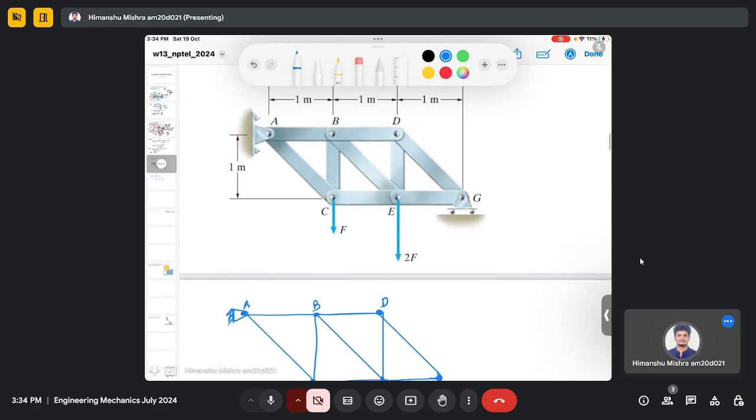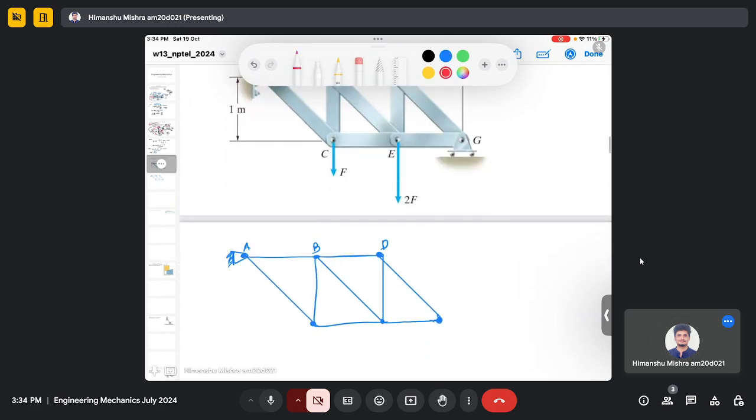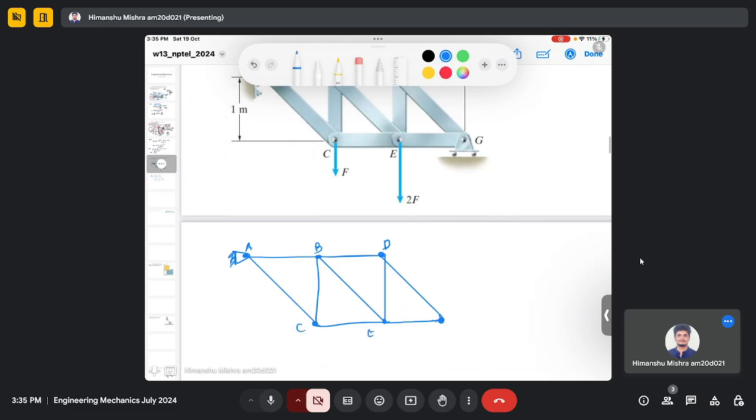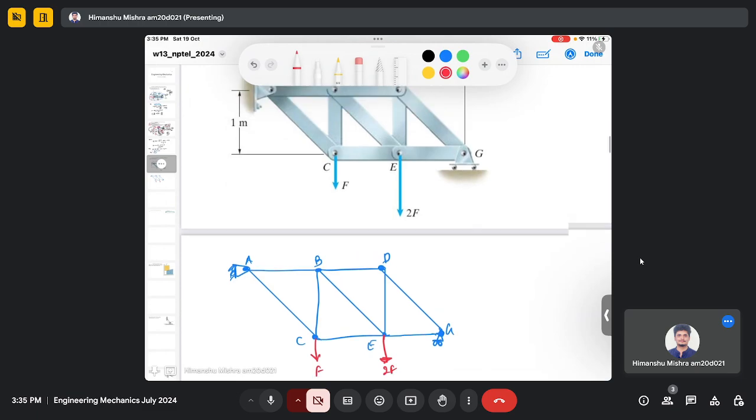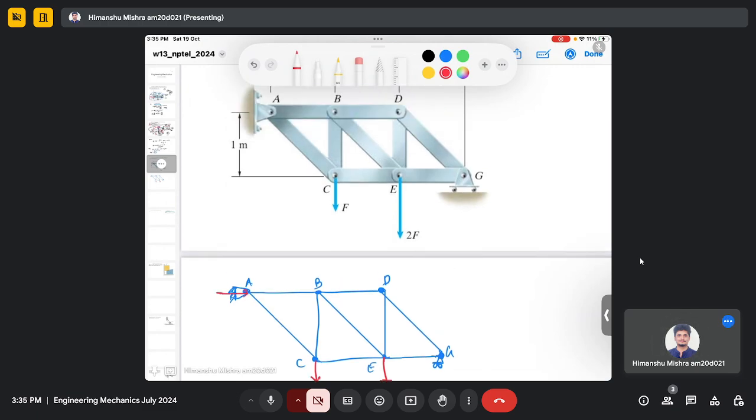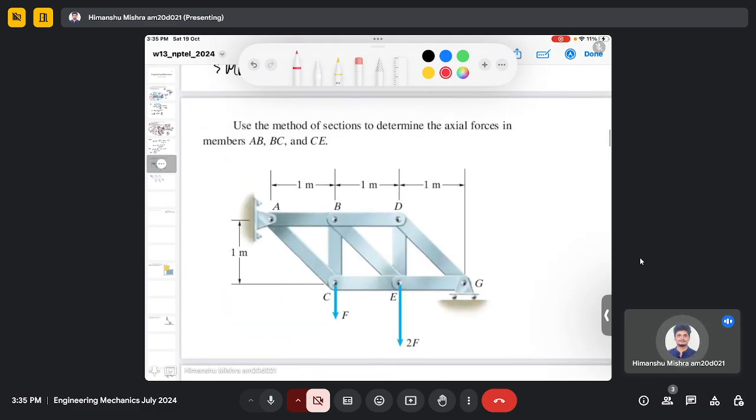So this is my truss. And let's say the reaction forces at A are Ax and Ay, and we need to find the axial forces in the members here, AB, BC and CE. So in these three members we need to find the force.